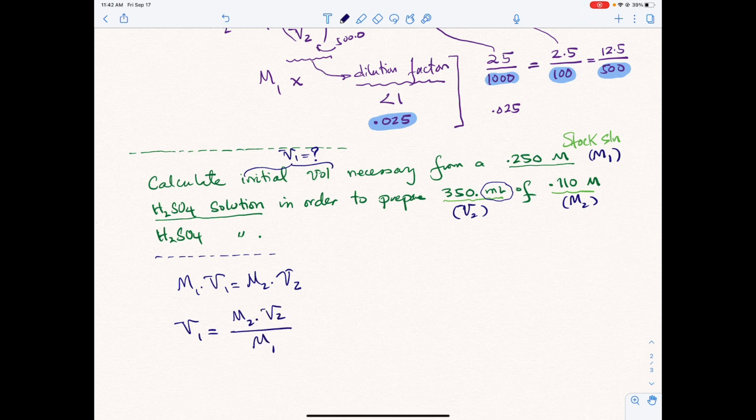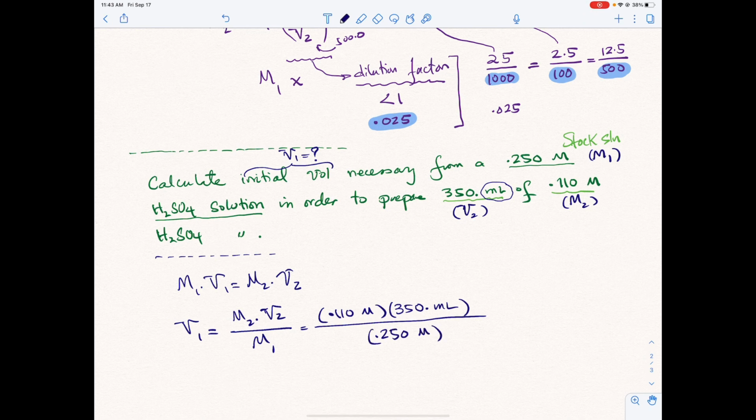This doesn't get into that dilution factor because you're not solving for final molarity, you're solving for initial volume. So my M2 is 0.110 molarity. Always get into the habit of writing the units next to everything, because units provide a good method for you to check your answers, because I can see if my units are consistent or if they cancel away. So I always encourage you to do that.